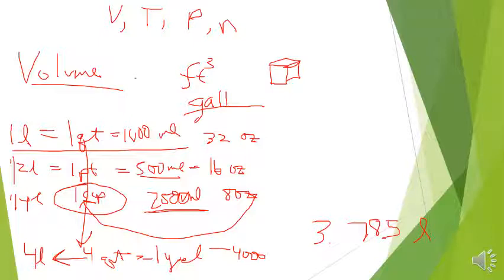Just roughly, 1 gallon is roughly equal to 4 liters. So if there's a problem and it says there's 2 liters, you can go, oh, that's like half a gallon or 2 quarts. I just want to put this in perspective, because we use liters and milliliters, and it'd be nice to be able to understand how it relates.